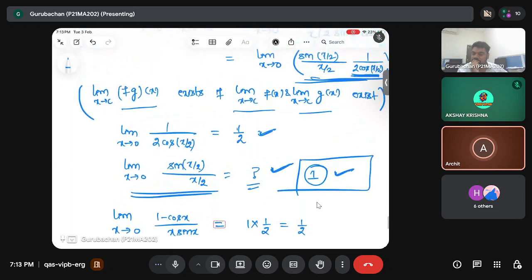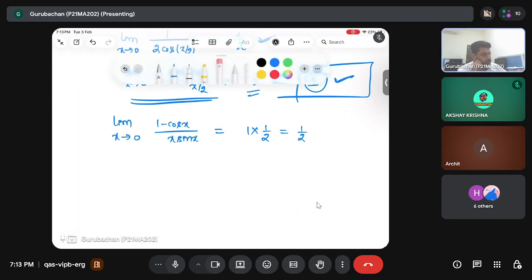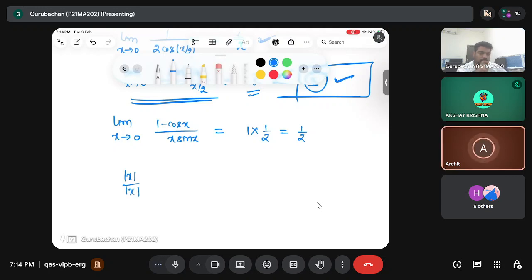Sir, if you take the function mod x, and one function is mod x and one function is 1 upon mod x, and check its limit at x approaching 0, then if you check the individual limits, it will not exist.